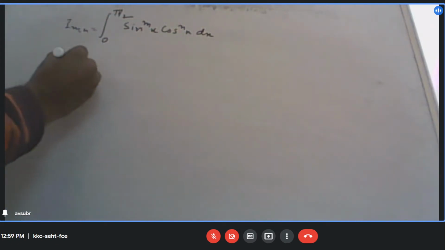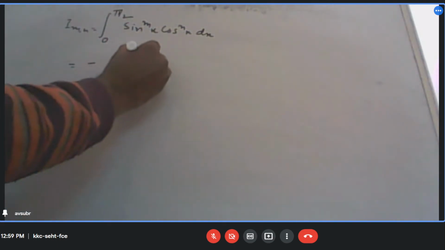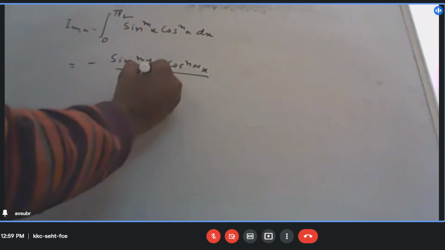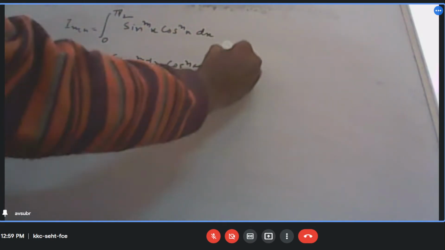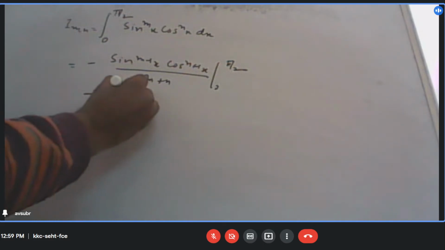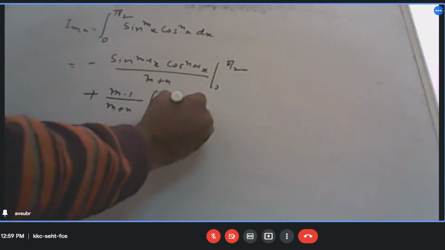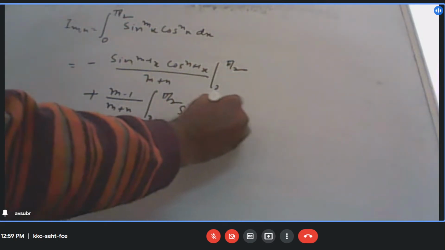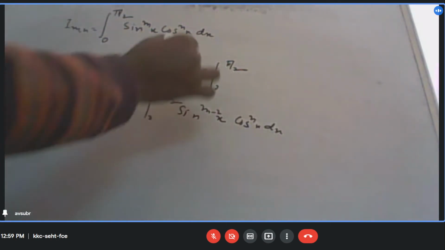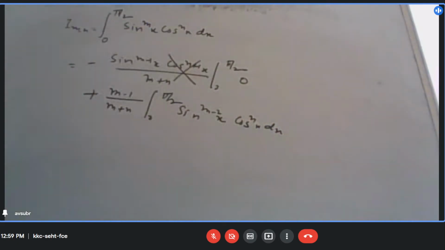So I can write it as minus sin to the power m minus 1 x cos to the power n plus 1 x by m plus n, with limits 0 to pi by 2, plus m minus 1 by m plus n, integral from 0 to pi by 2 of sin to the power m minus 2 x cos to the power n x dx. This first term will vanish, it will become 0.